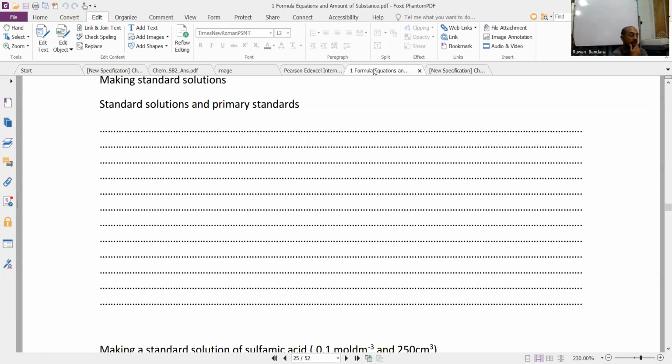Next point, the solutes used for this purpose are known as primary standards.